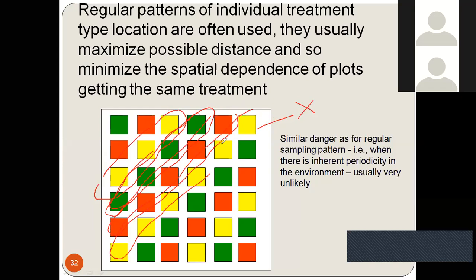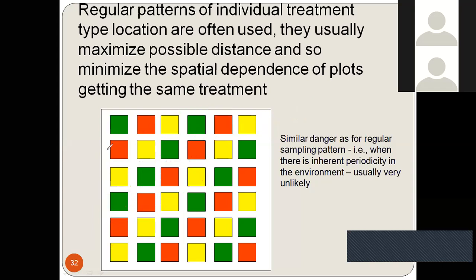Why? Because there's a pattern. What is the problem with the pattern?